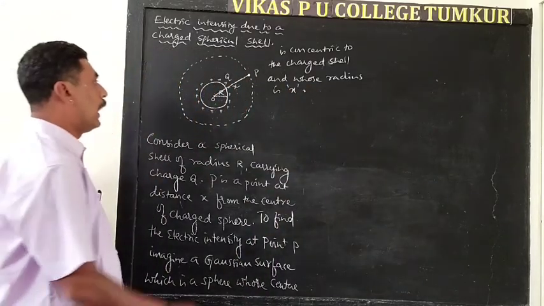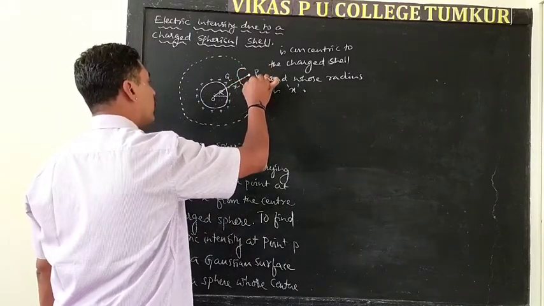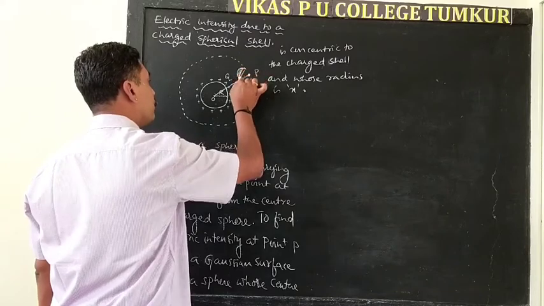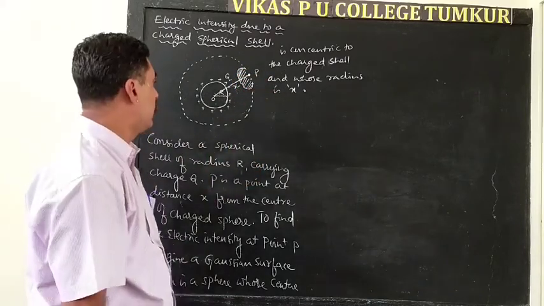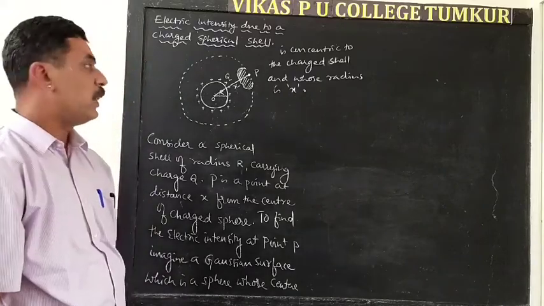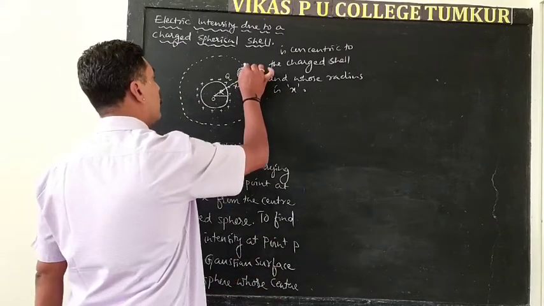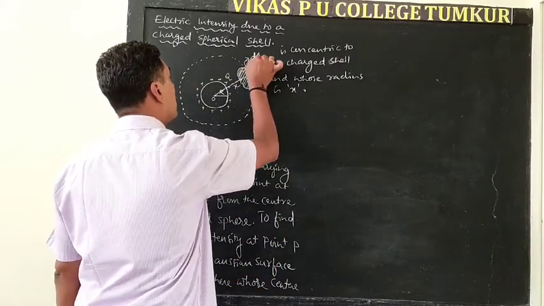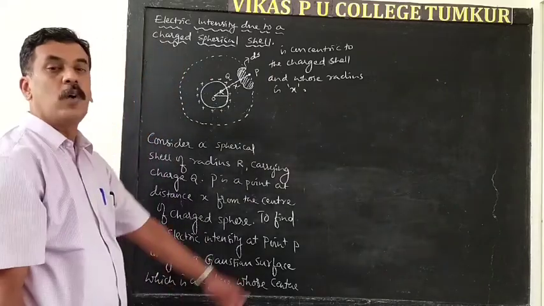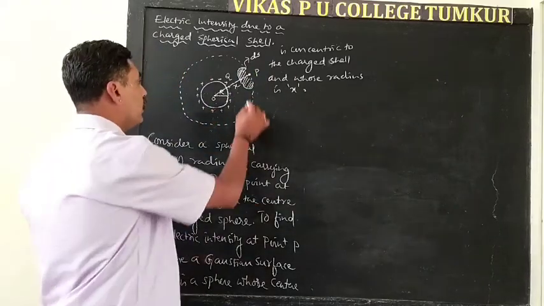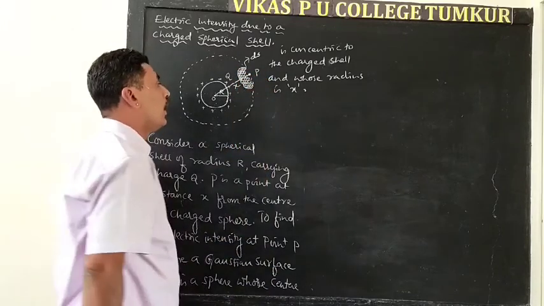Now I shall imagine a part of the sphere. On this Gaussian surface, I take an annular area, a small part. I assume the area of this part to be ds. So now what is ds? ds is the small surface area on the Gaussian surface.